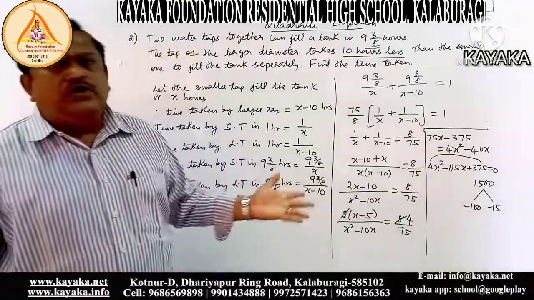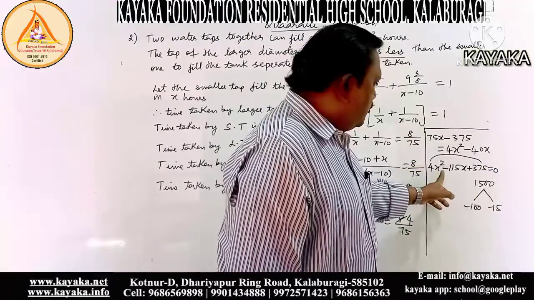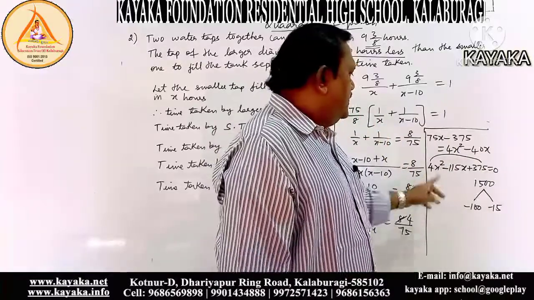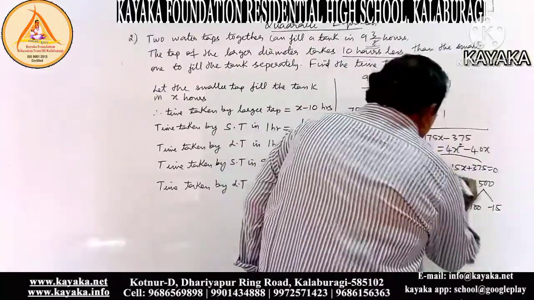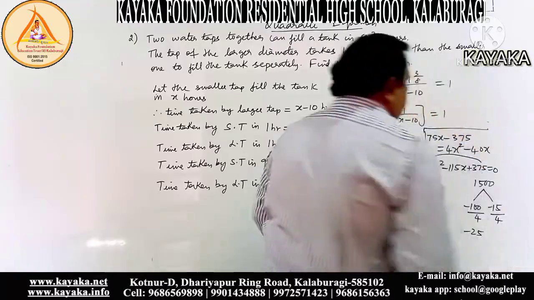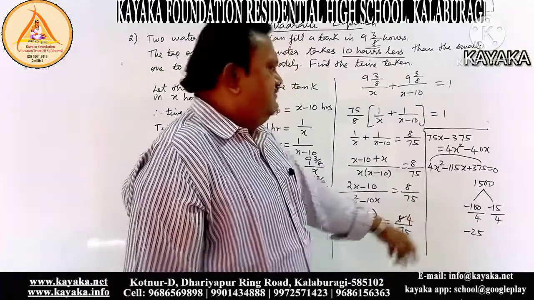Now what you have to do is, as I already told you, the coefficient of x squared here is 4. Therefore you divide this one by 4, this also by 4, and you will get minus 25.